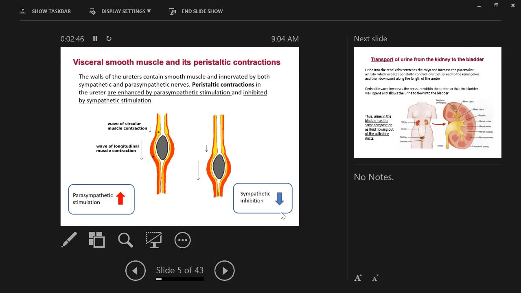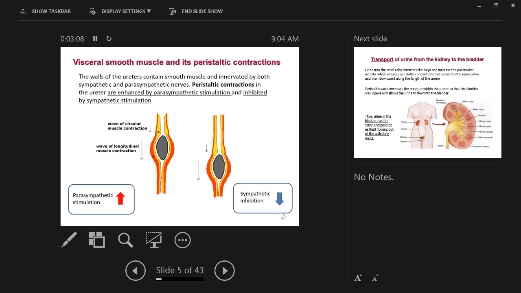Of course, for urine to go through the tube, you need peristaltic contractions like in the GI tract. In the GI tract, food comes in chunks, but in this case it's urine, so it doesn't matter much.